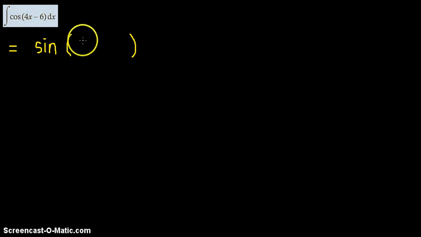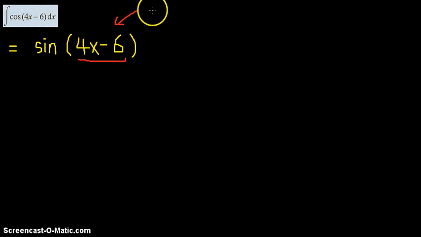So if I differentiate sine of 4x minus 6, I'll get cosine of 4x minus 6. However, remember, technically, there is a linear function in a trig function, so we have to apply, what do we have to apply?